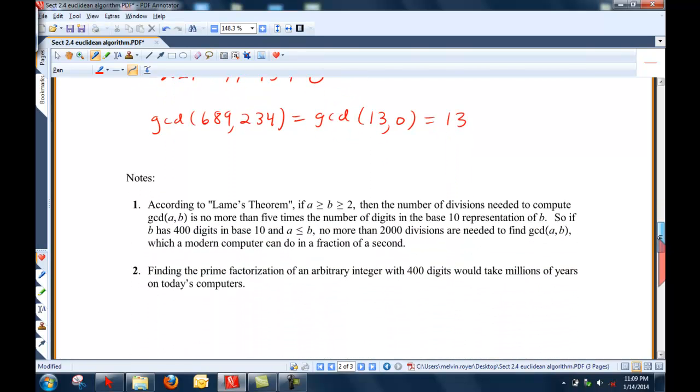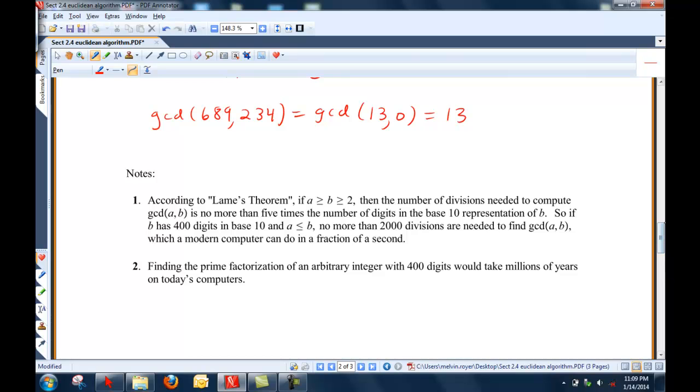This seems pretty slick. How slick is it? It's very slick. There's a result called Lamé's theorem that says if I have two integers, A and B, and B is the larger of the two, then the number of divisions needed to compute the GCD using the Euclidean algorithm is no more than 5 times the number of digits in the base 10 representation of B, the larger integer.